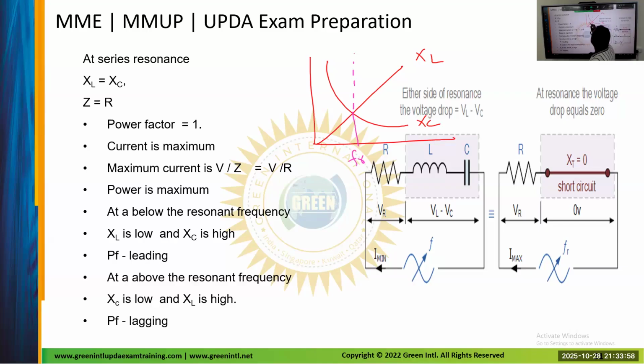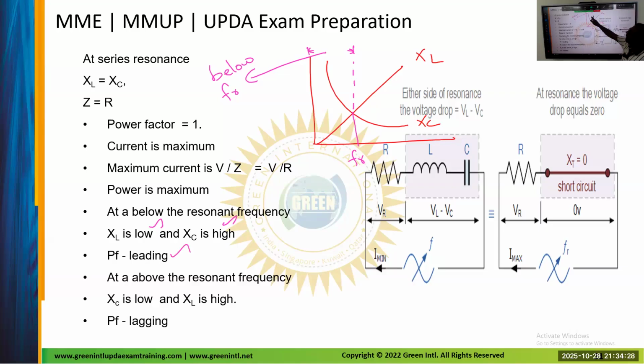This area we call below resonant frequency. Below the resonant frequency, which is higher, XC or XL? XC is high. If XC is high, what is the power factor? Leading power factor. That's why below the resonant frequency, XL is low, XC is high, so the power factor is leading.